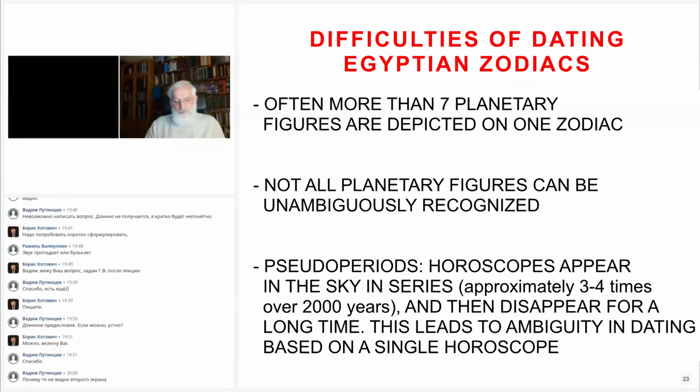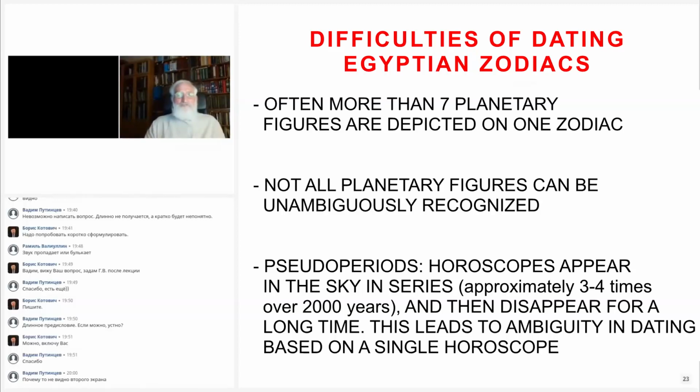Not all horoscopes behave this way, but if one appears, it usually reappears. There are some that only appear once and then not again for thousands of years. Many horoscopes appear in such series with pseudo-periods. What does pseudo-period mean? It means that it appears, then reappears approximately, then even more approximately, and then disappears.